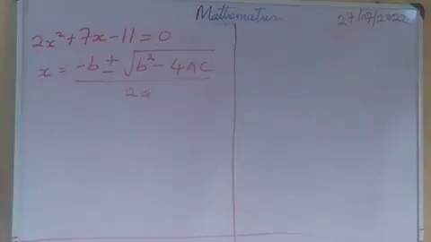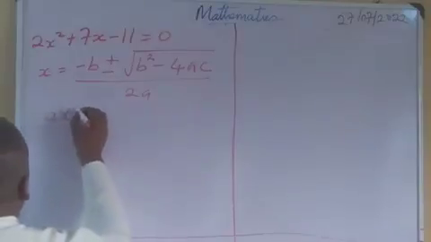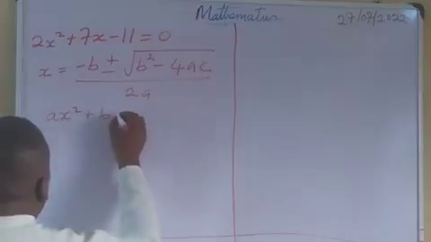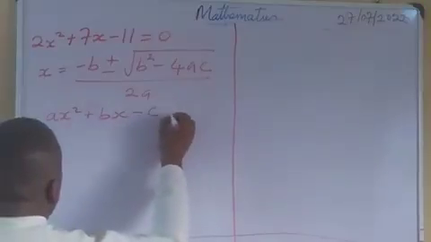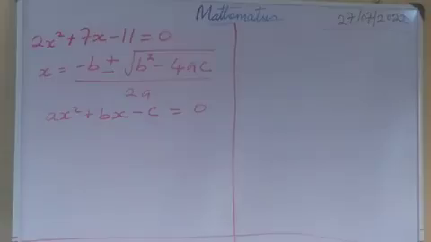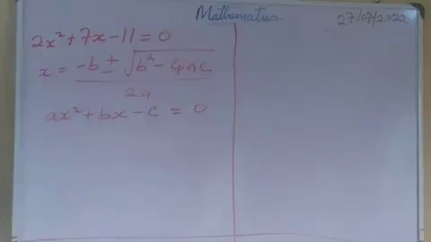The format of the quadratic equation is ax squared plus bx plus c equals 0. Now, solving for x here will lead you to get this quadratic formula. So we are going to use it to solve this equation.